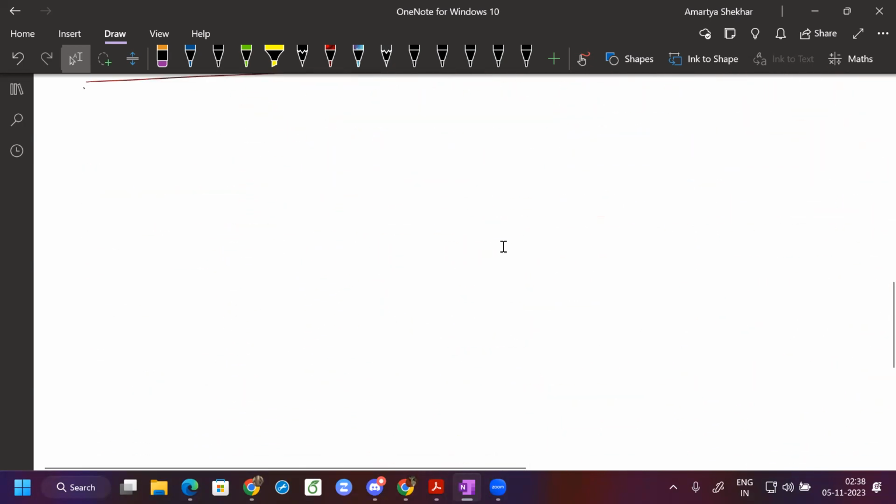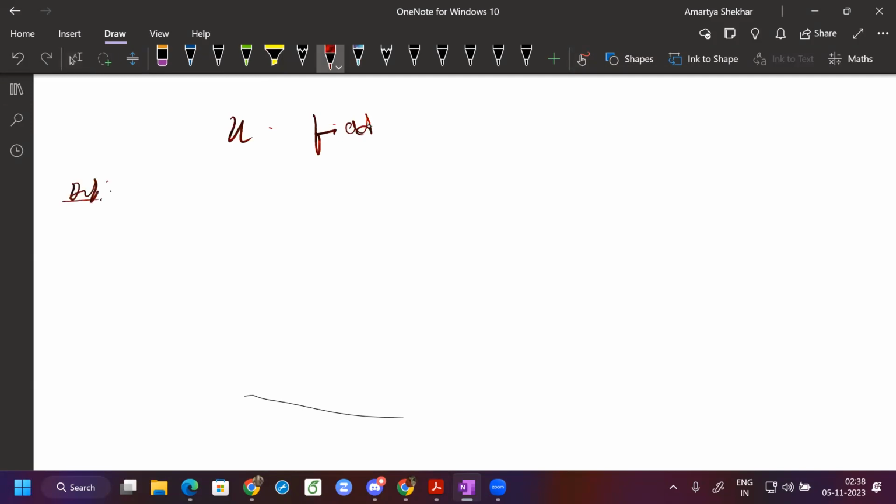So let's start with vector bundles. What are vector bundles? Fix a field K. Here's the definition.